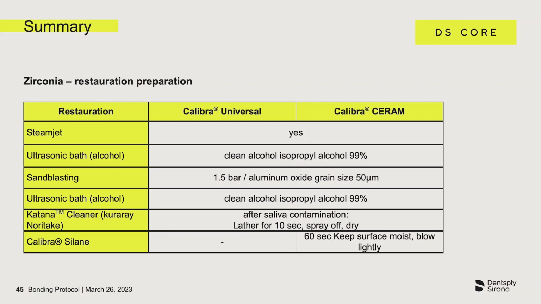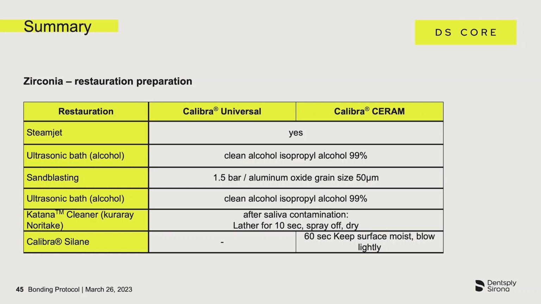The pre-treatment of the indirect restorations follows according to the material. Zirconia is then blasted with 1.5 bar and aluminium oxide powder with a grain size of 50 microns to adequately enlarge and prepare the surface.